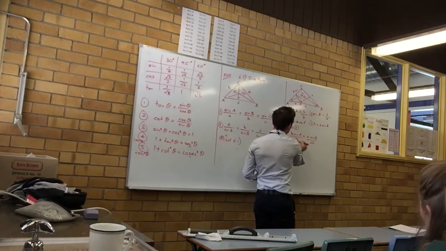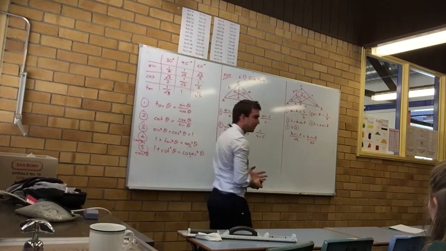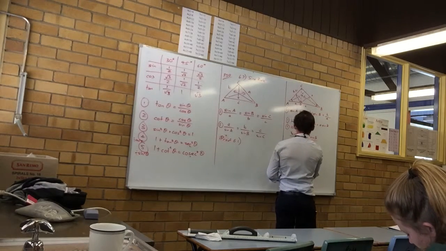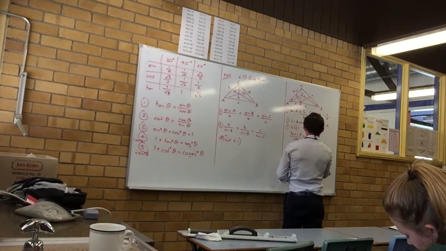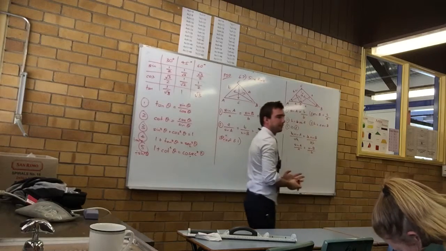On this side the B's will cancel, and on the right side the A's will cancel. Therefore, sine A over A is equal to sine B over B.